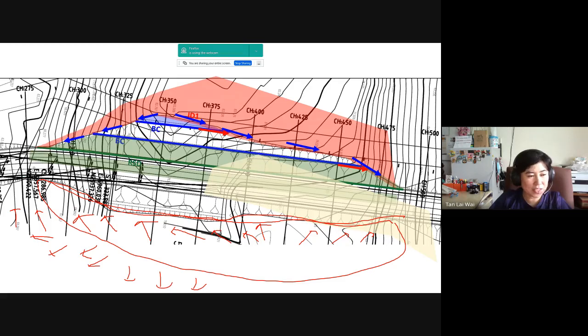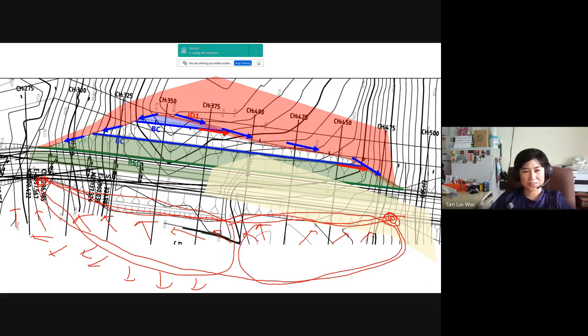For example, maybe you have one outlet here, the other outlet is here. So you need to consider what is the area draining into this and what is the area draining into that. Clear? Clear, doctor. Okay, like this, you need to have this and this. All right. So I'm going to stop this.